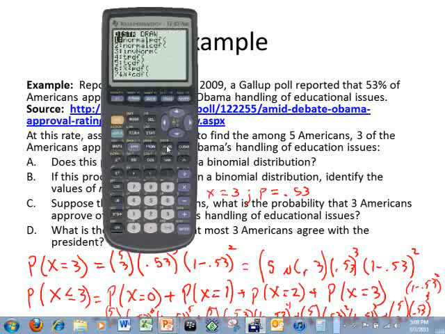If you scroll down, you're going to find a couple of options, wherever they're at in your respective calculator. One of them is the Binomial PDF, and the other one is the Binomial CDF.